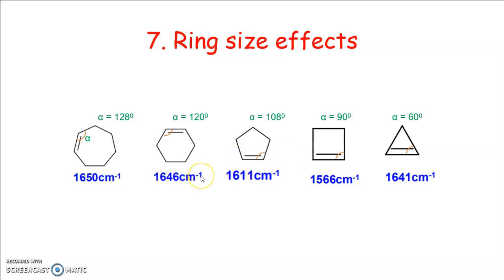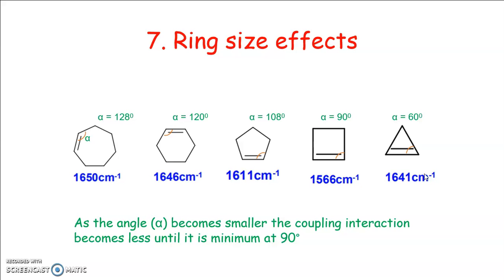When the bond angle is greater than 90 or less than 90, effective coupling occurs, leading to a higher frequency of absorption. That is, as the angle becomes smaller, the coupling interaction becomes less until it is minimum at 90 degrees, and for cyclopropene it again increases. Coupling interaction also increases.